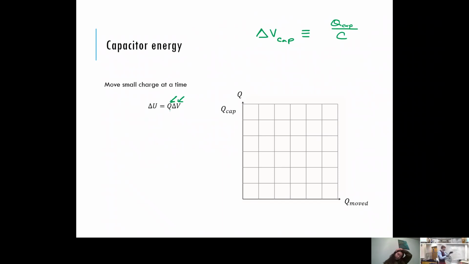It decreases, which means the potential difference between the plates decreases. As I move charges from the top plate to the bottom plate, I decrease the electric field strength, and I also decrease the electric potential. You can think of it as the potential difference between the plates getting smaller. There are not as many equipotential lines between the plates as I move the charge.